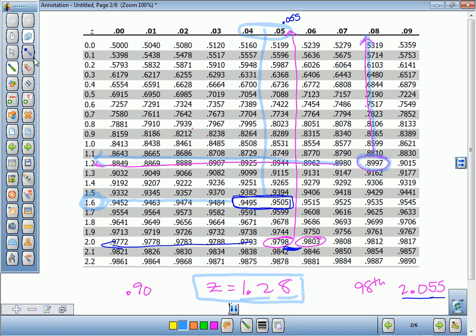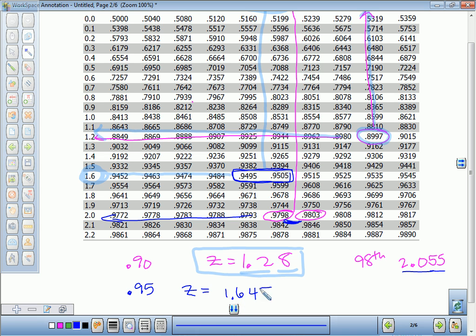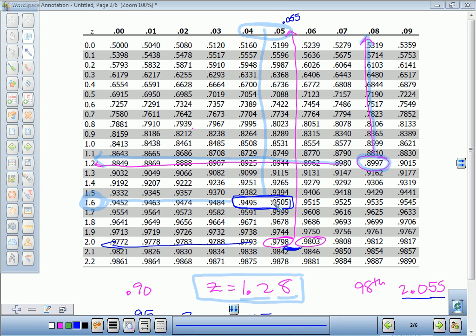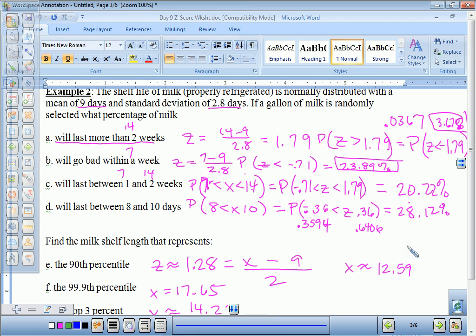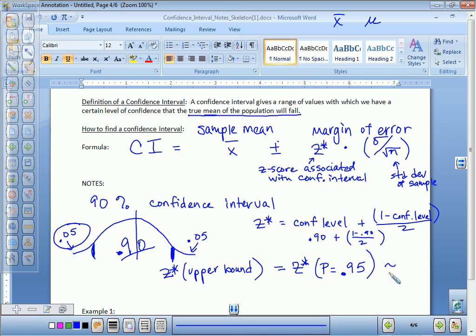So the Z-score that goes with 0.95 is 1.645, because it's halfway in between the 4 and the 5. So this Z-score is 1.645.